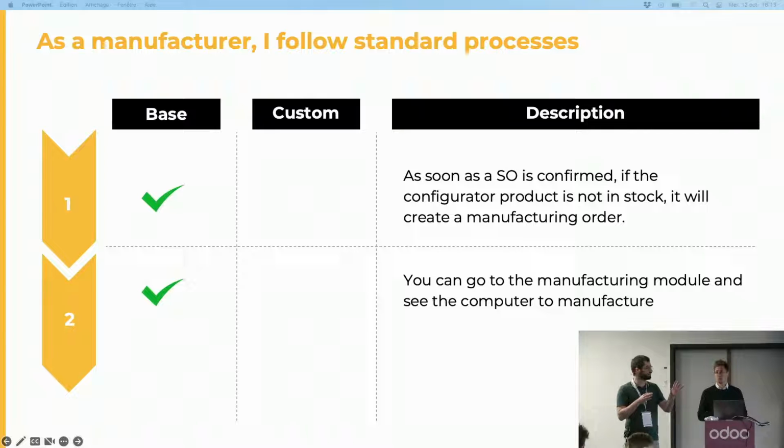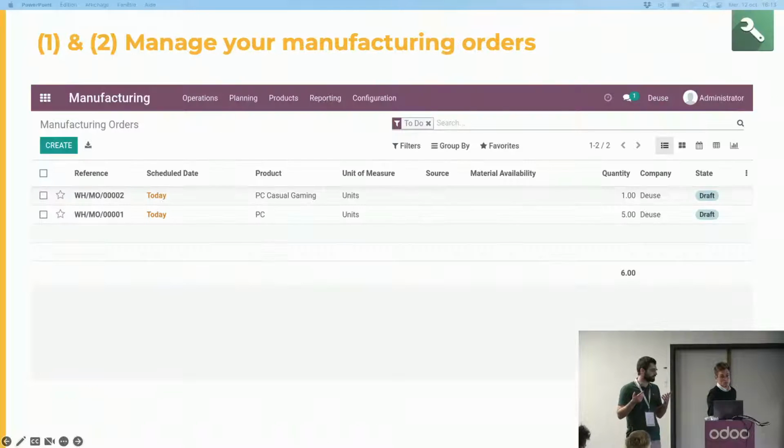So here, simply, as a manufacturer, as soon as the sales order is confirmed, it will check whether this product is already in stock or not. If not, it will create a manufacturing order to ask the manufacturer to create this computer to add it to the stock. And so you can see here, we have the point of view of the manufacturer.